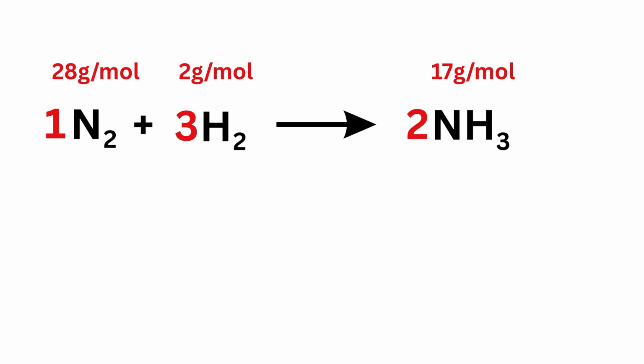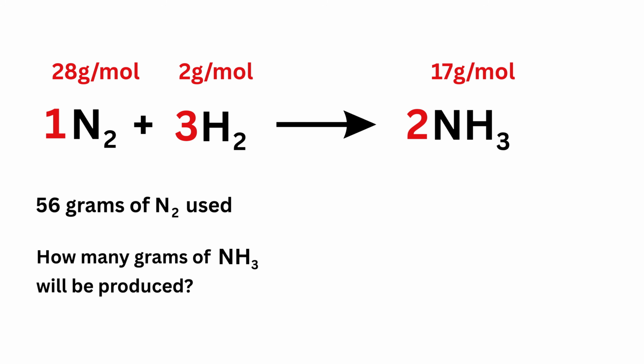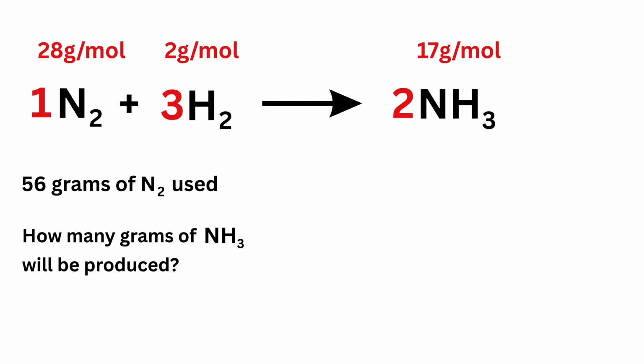So now let us solve a mass-to-mass stoichiometry problem. Suppose 56 grams of nitrogen react completely with hydrogen to form ammonia. How much ammonia will be produced in grams? The first step is to convert grams of nitrogen into moles.